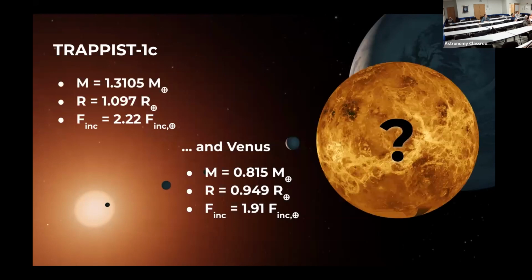TRAPPIST-1c is the planet that I showed on a previous slide, and its incident flux is 2 times that of what Earth receives, and its mass and radius are kind of Earth-like. So this kind of looks like Venus in terms of its incident flux. So we think if it's CO2 dominated, maybe it would have a very thick CO2 dominated atmosphere.